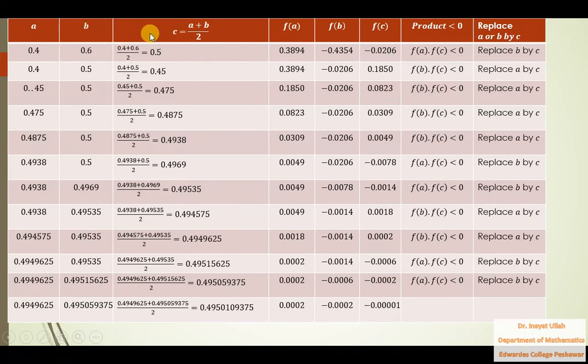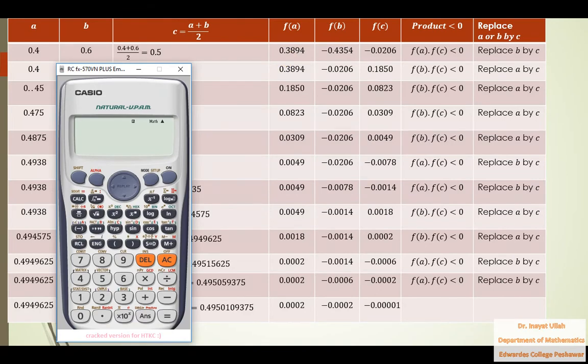So these are a, b, c, and these are the function values at a, b, and c, that is f of a, f of b, and f of c. So whenever we put a equal to 0.4, we have obtained f of a as 0.3894.